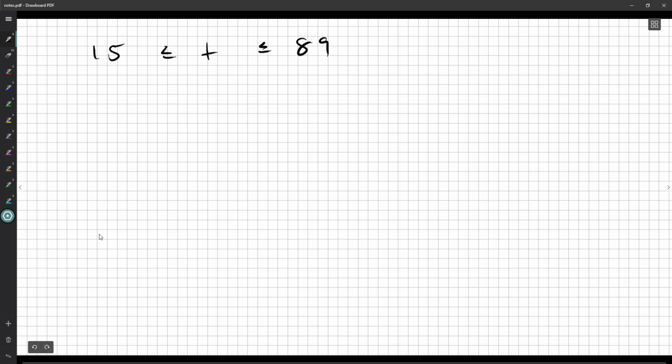So at most t could be 89. Okay, so how many values of t does that give me? The values of t give me the values of n. So n can be any of, so I want to count these numbers inclusively. So take one, subtract the other, and add one. So that should be 75 values of n.